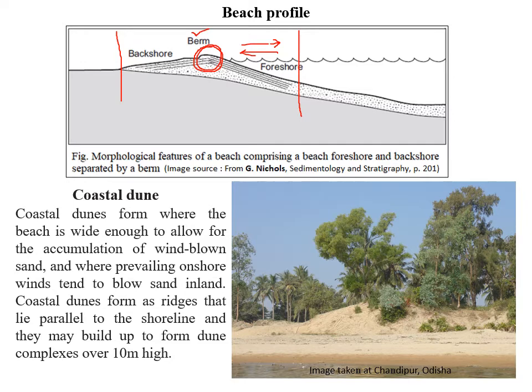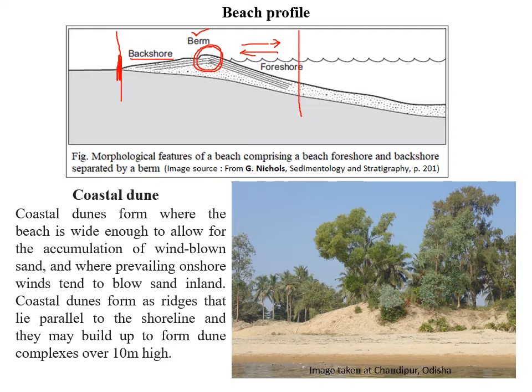Now, this backshore part is the portion marked by the end of foreshore, and in the inland part, it is bounded up to that level where during storm activity the swash will affect the land areas.